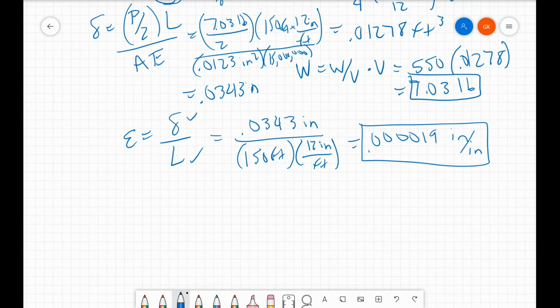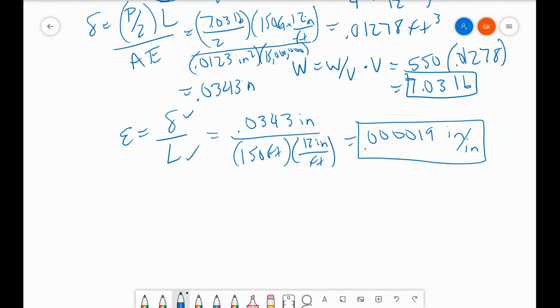Now we can also find the additional elongation due to an extra weight added on the end of the wire. The additional elongation would be delta equals PL over AE, but in this case the load is 70 pounds, because we're adding that on the end of the wire.